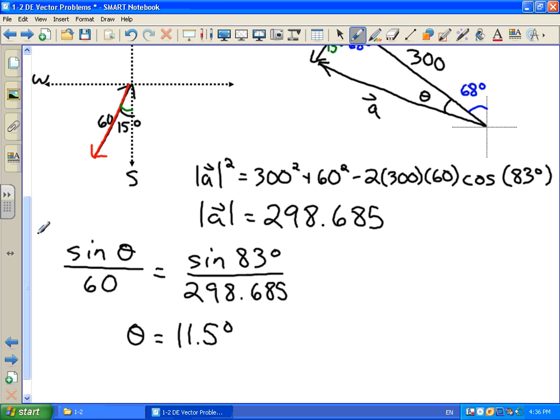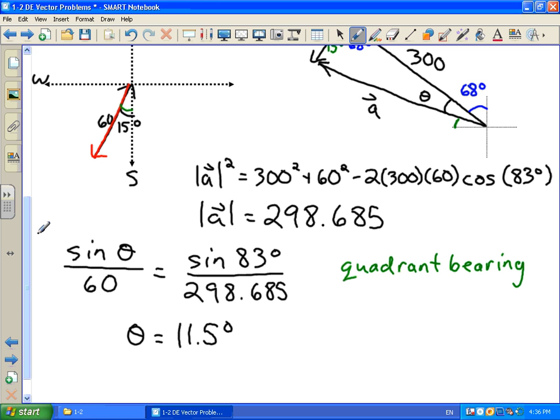Now we want to convert this theta into a bearing for our air velocity. So we could do this in terms of degrees north from west. That means we want to calculate this little angle in here, that little green angle, and that's going to be our quadrant bearing. So how are we going to calculate that?